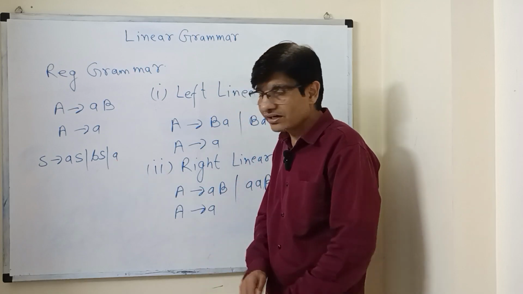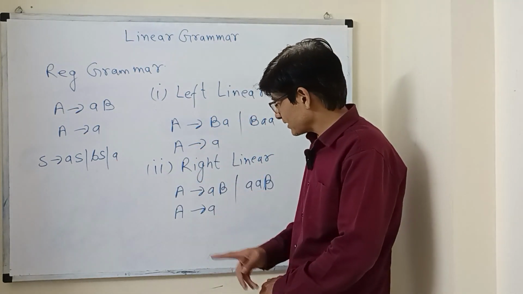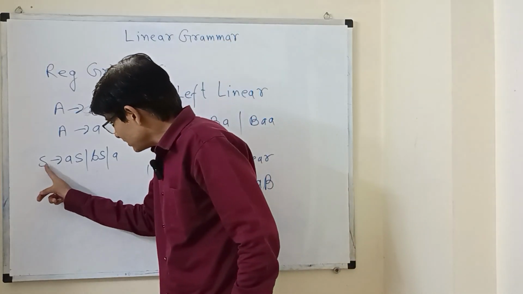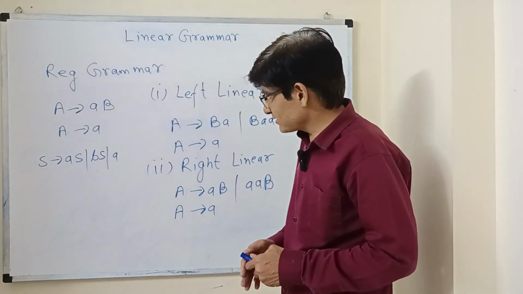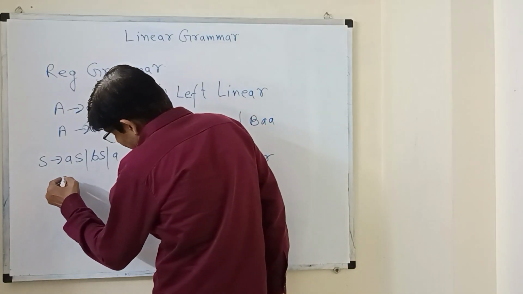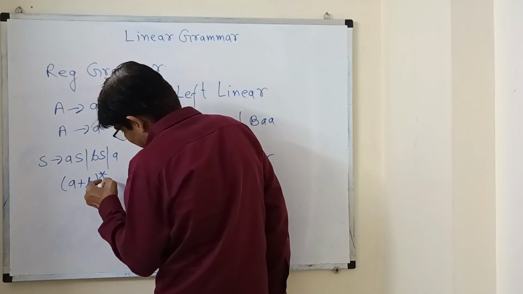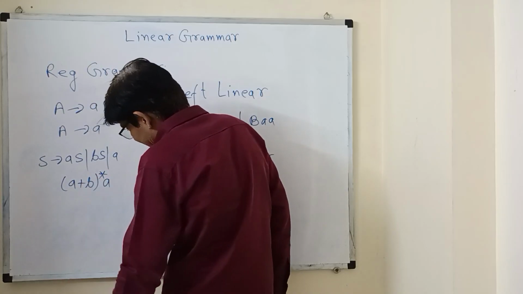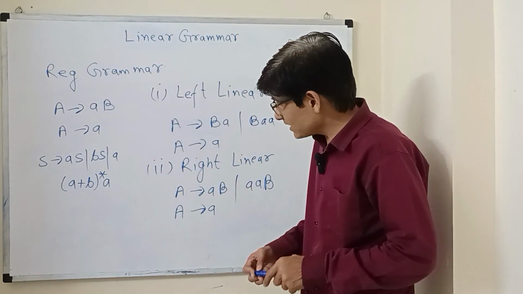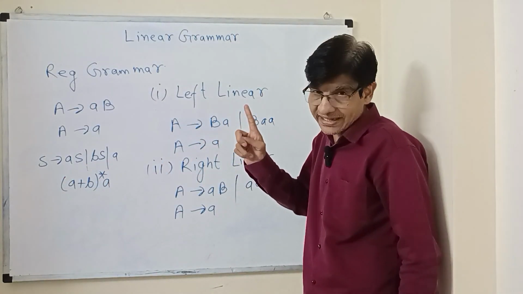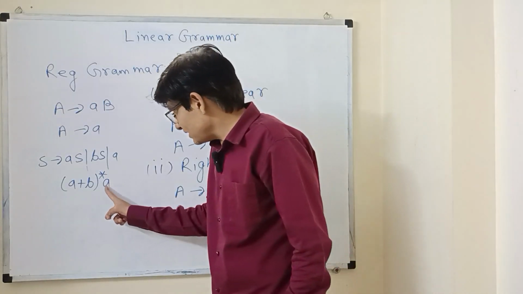This is right linear grammar, as you can see the productions are of this type. Now, the language of this grammar is (a+b)* a. That means this particular grammar will generate all strings of a and b ending with a.